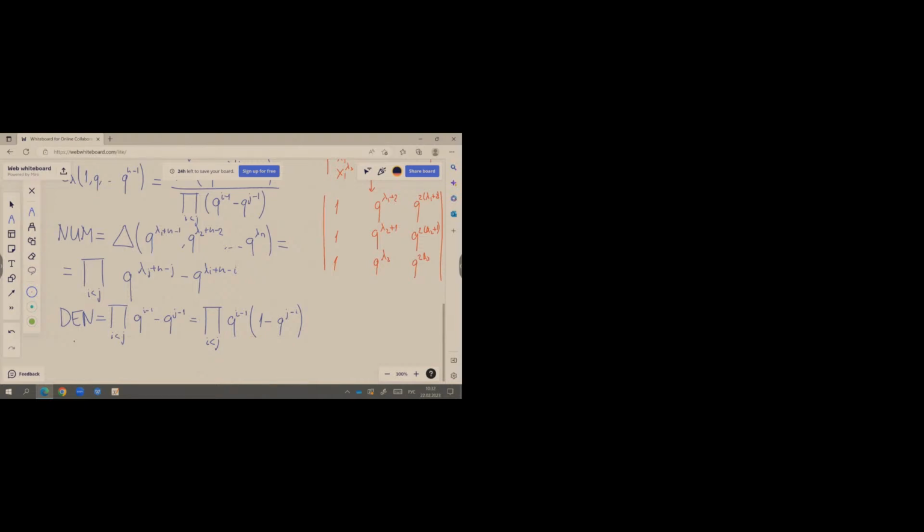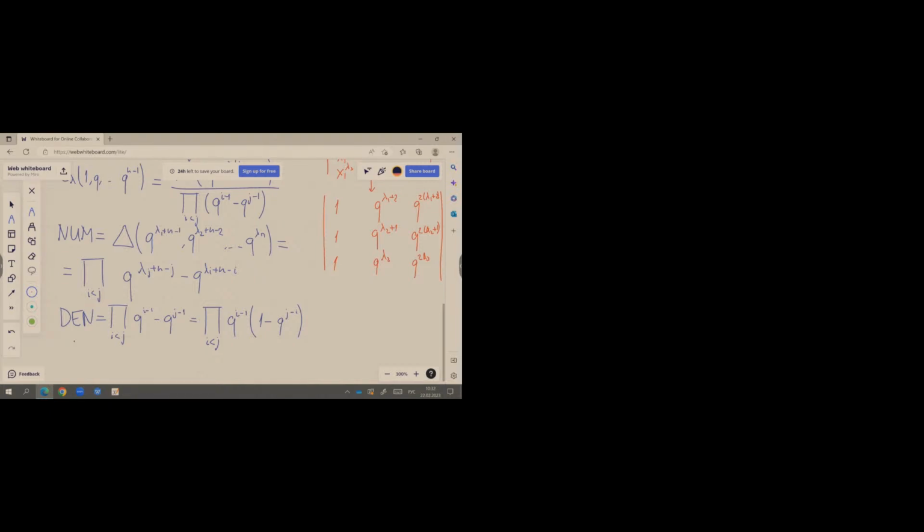And my question is now, what's the common power in front of q here? So we take 1, n minus 1 times. We take 2, n minus 2 times. That's it, right?